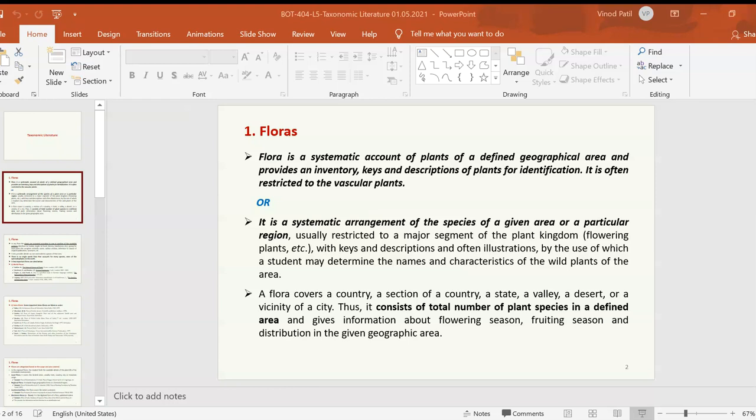Most of the time, those are referred to as manuals or monographs. But floras are there for pteridophytes. Sometimes I have heard that flora is there for bryophytes too, cryptogams. However, when we first use the word flora, we should think of the flowering plants.